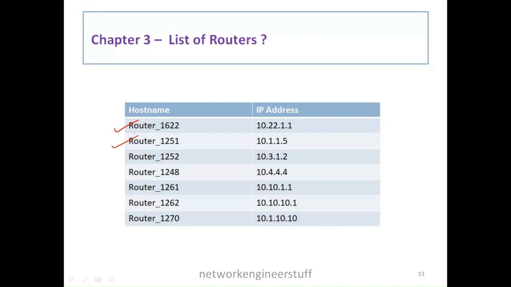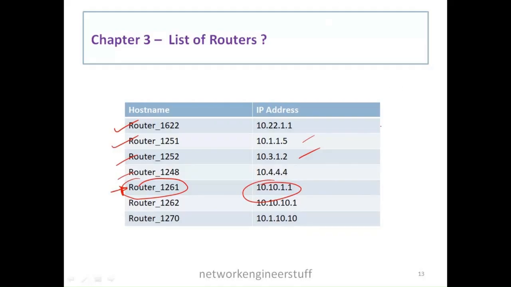Then he took this router with this IP address, and then this router with this IP address, and once he came over here, this particular router, which has the IP address 10.10.1.1, he made some mistake. What mistake he made, I'll show you.